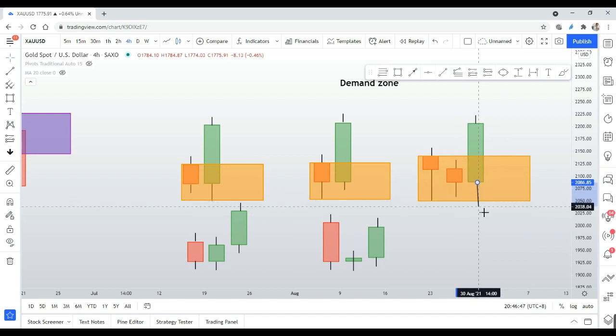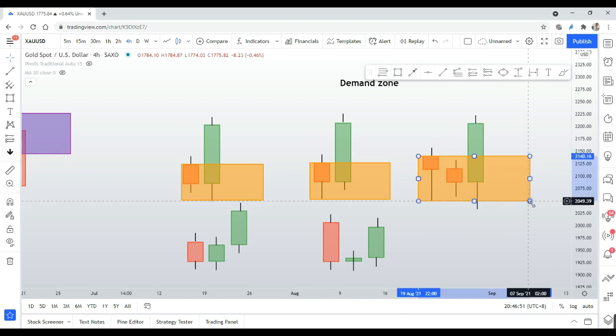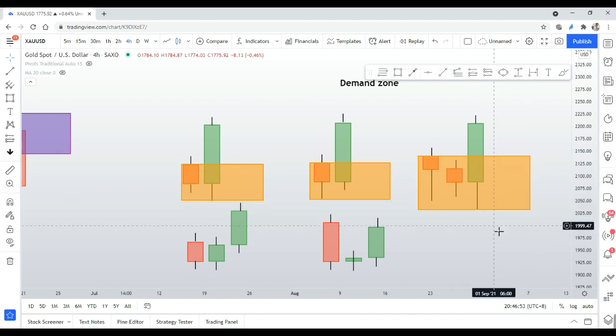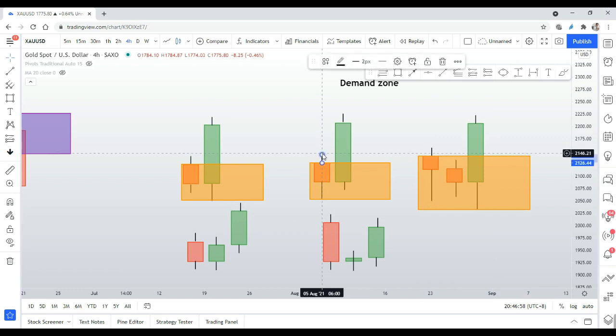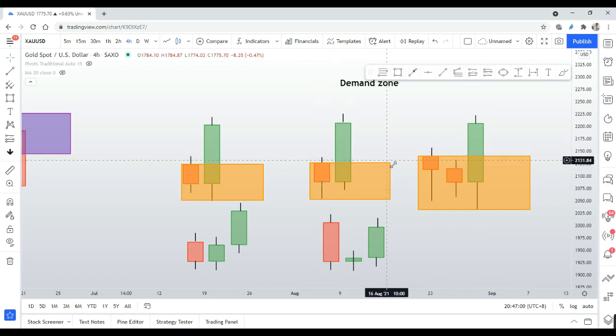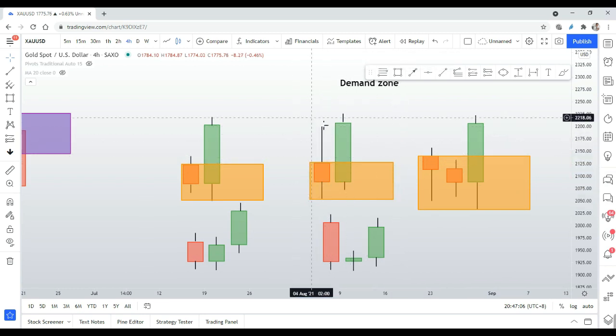Whichever is the lowest point, that is the whole zone. And if the shadow is very small, I do take note. If it's very big, sometimes the shadow might be like this. It happens, then I'll just ignore it.